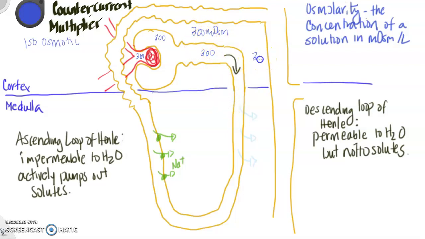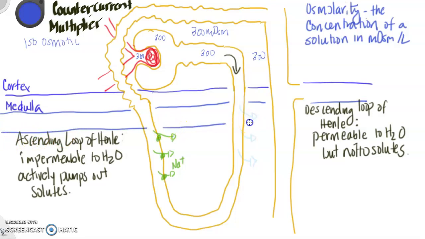So 300, isoosmotic. But as you go down into the medulla, the osmolarity changes. The osmolarity in the medulla gets progressively higher as you go down. The medulla gets saltier and saltier as we get lower and lower into the medulla.